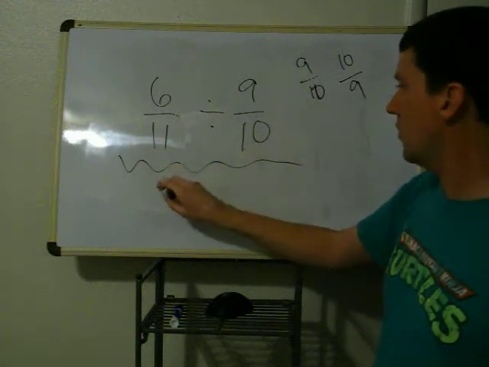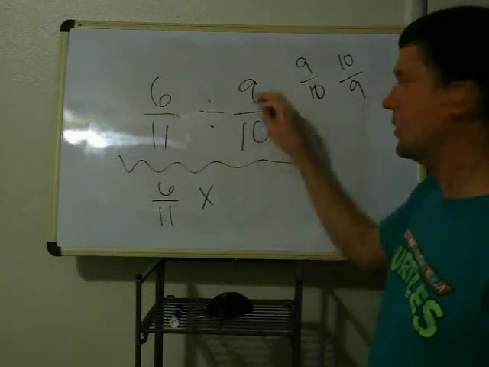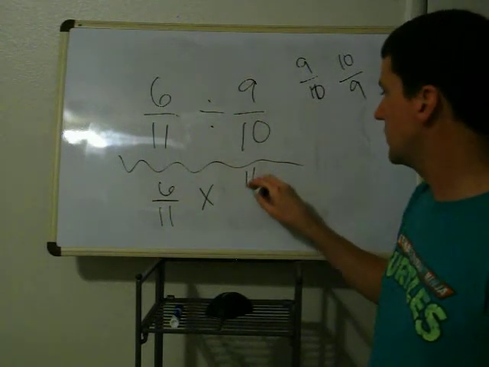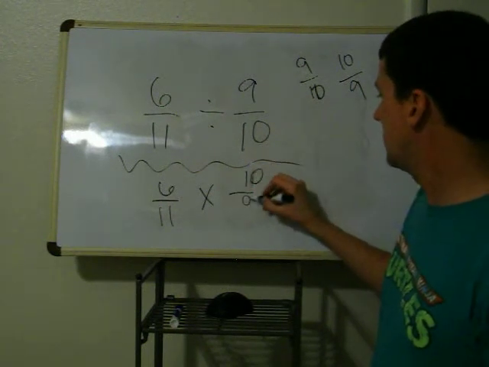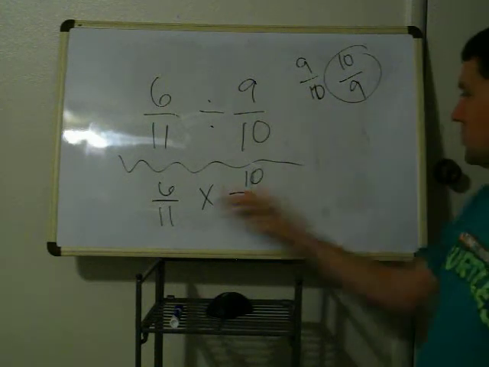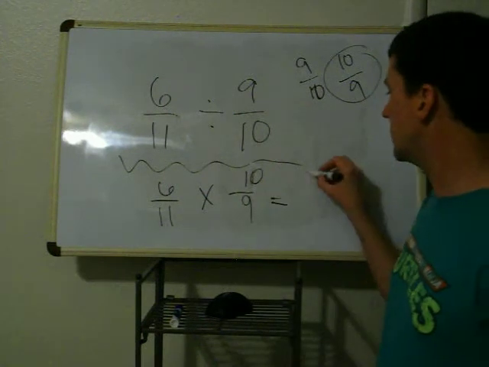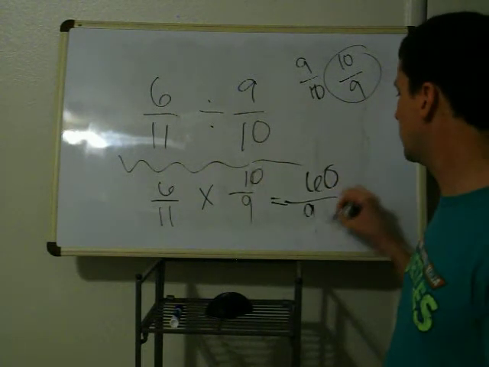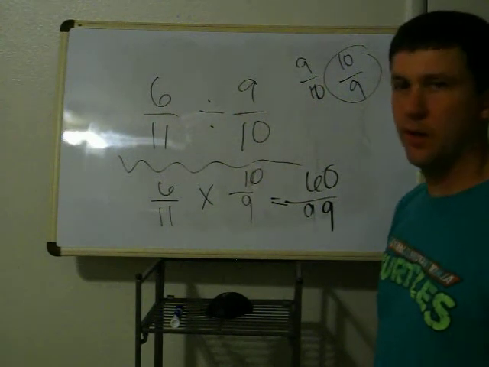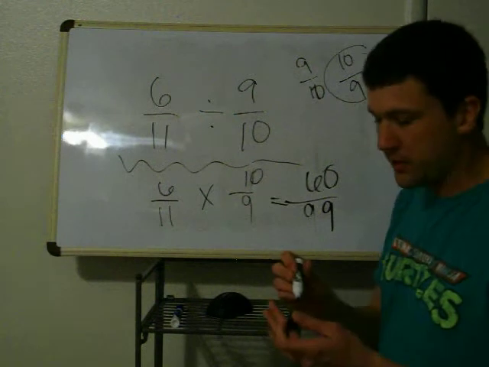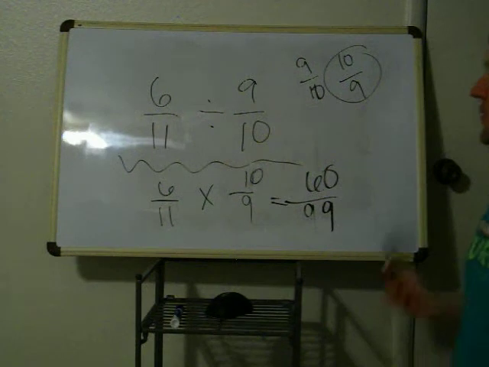So we keep our 6/11, and since we're multiplying, we just switch these numbers. There's our reciprocal, so 6/11 times 10/9 is the same. So we get 60/99, and we can simplify that if we want, but that's how you do it. Okay, thank you. Have fun doing that.